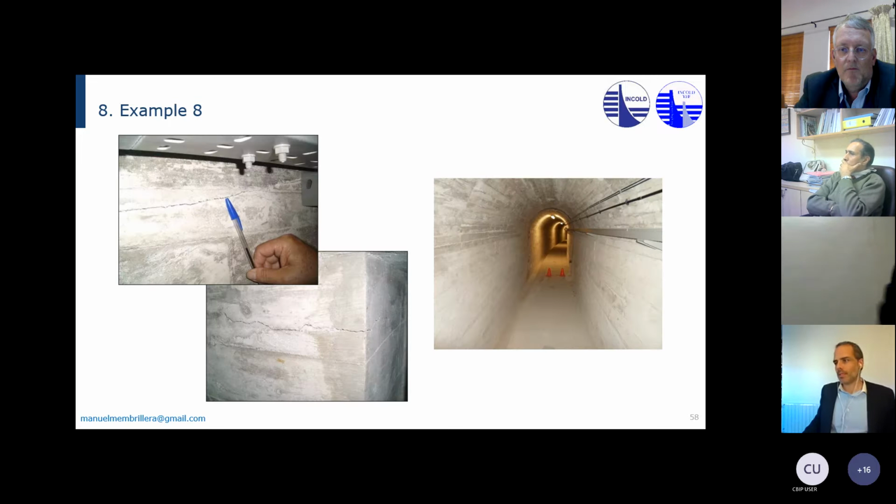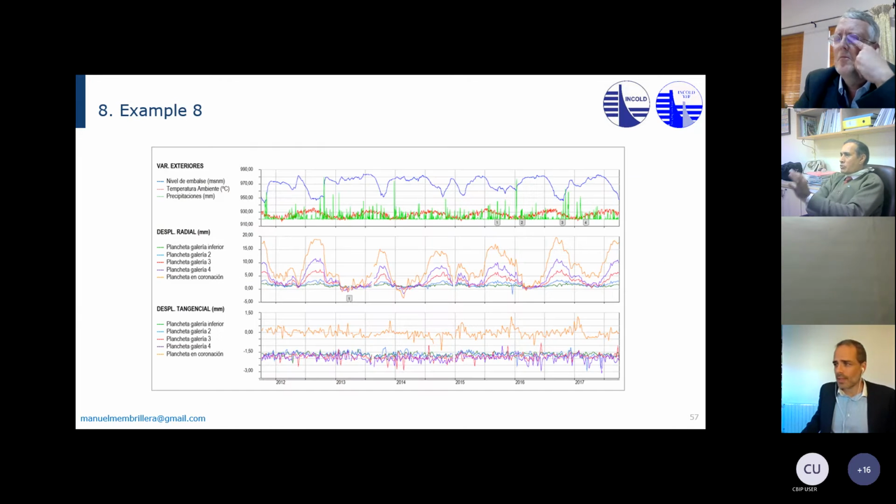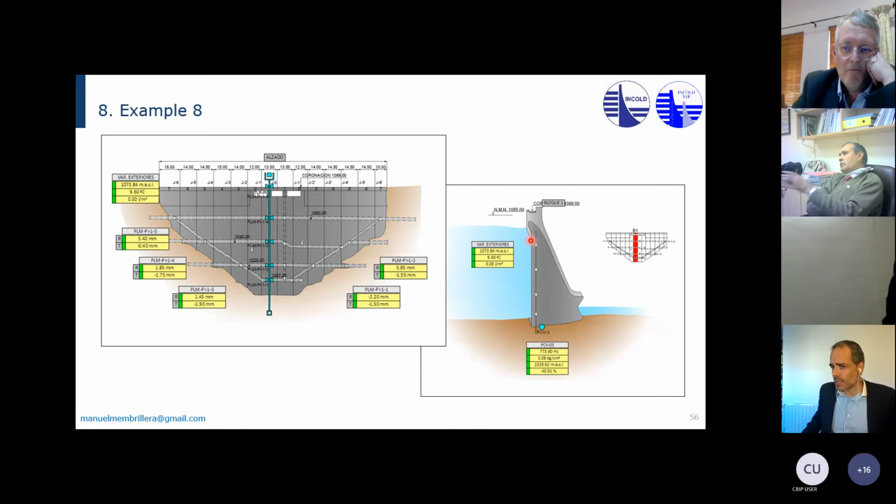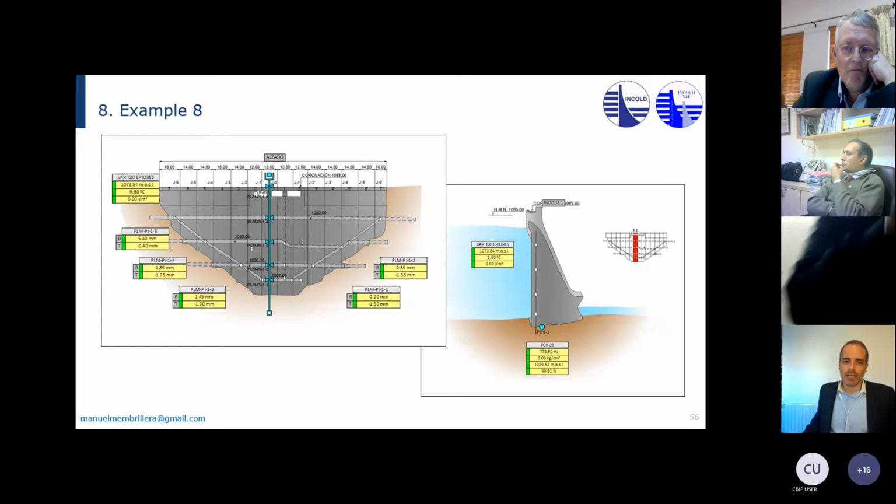And also look at what happened in this central block. Of course, the joints are grouted, but we found a horizontal crack that appeared, and it goes from the upstream face to the gallery. So this crack is limited really to this area.